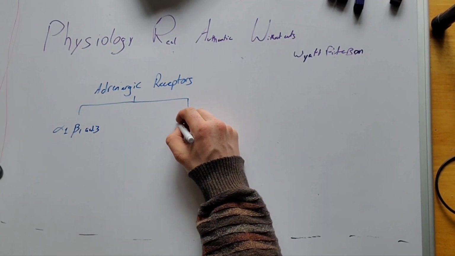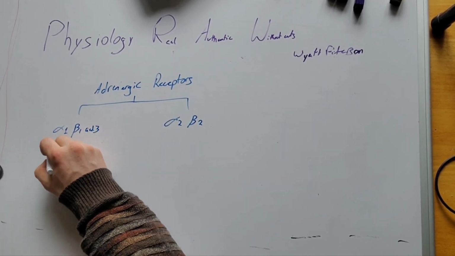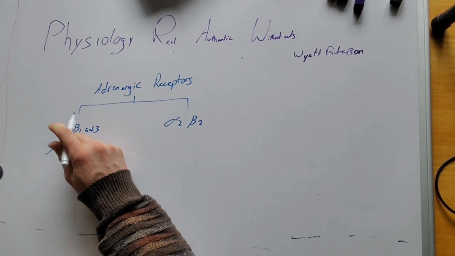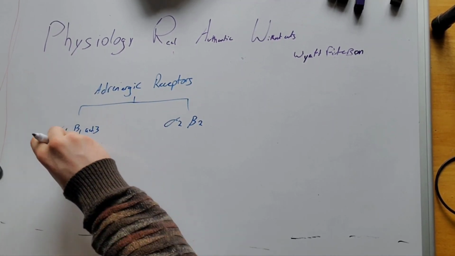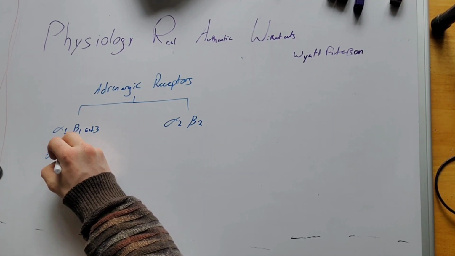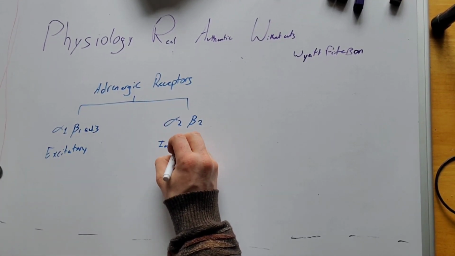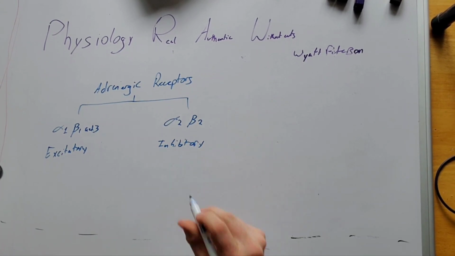Then we have alpha 2 and beta 2. So these are, I'm going to use the same words as I used before, excitatory, and then inhibitory.